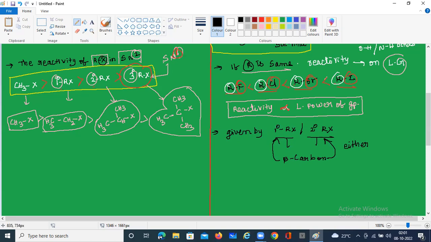Next, let us know about the stereochemistry of this SN2. So let us see what the stereochemistry is like. Okay?